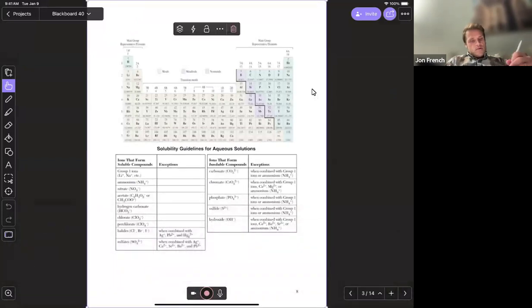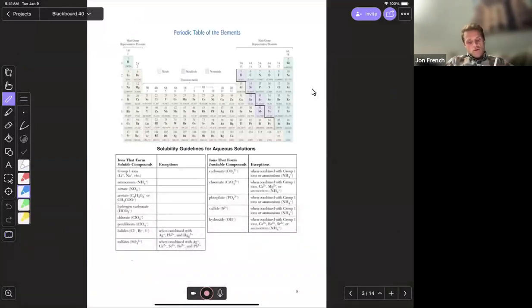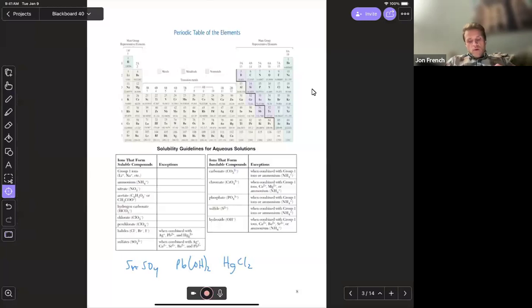All right, so the choices we had were strontium sulfate, lead hydroxide, and mercury chloride. We can see that hydroxide is insoluble unless it's a group 1 metal or calcium, barium, or strontium. So lead hydroxide would be insoluble.